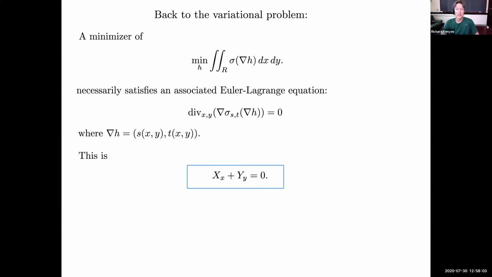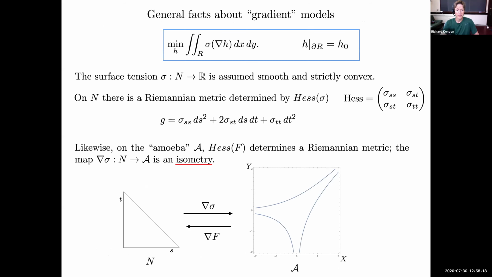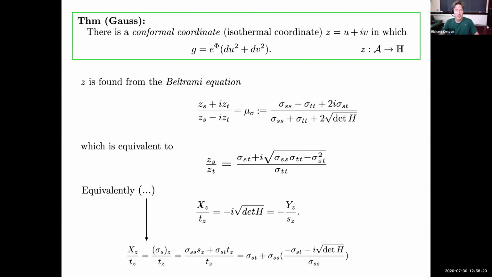Remember that X and Y are the conjugate coordinates to S and T, so that X is the S derivative of sigma, and Y is the T derivative of sigma. But there's this interesting and somewhat mysterious relation between X and T and Y and S, which is that the Z derivatives of X_Z over T_Z and Y_Z over S_Z satisfy this interesting equation involving the square root of the determinant of the Hessian.